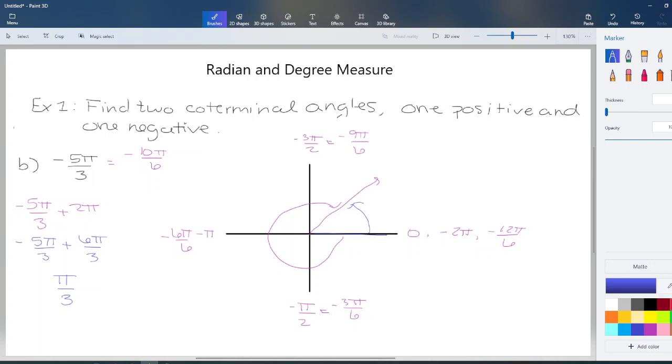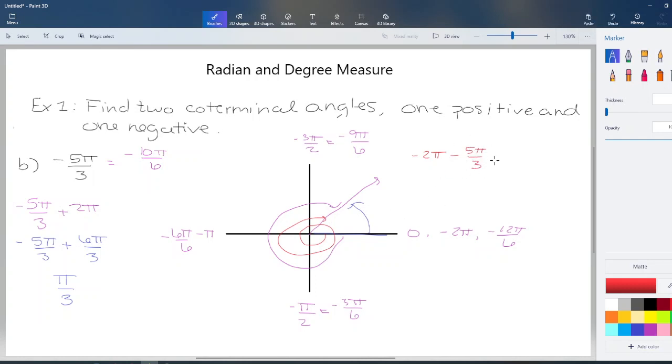If we want a negative coterminal angle, because our angle is already negative, we're going to have to go the whole way around and then back around to our original angle. So this is going to be negative 2 pi, one full negative rotation, and our original angle, which was negative 5 pi over 3.